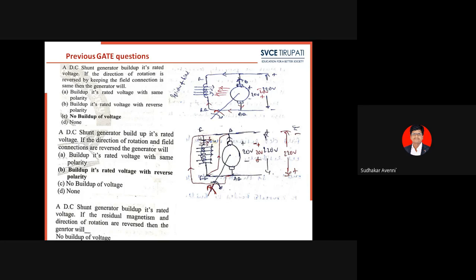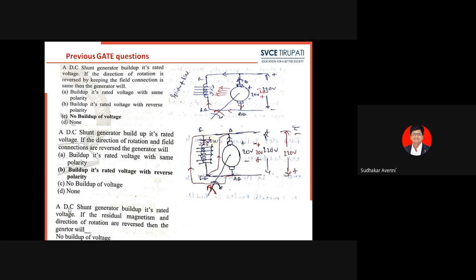So this flux is going to be added to the residual flux, and the net flux is going to increase. There must be buildup of voltage across its armature terminals in reverse polarity. For that reason, B is the right option: build up its rated voltage with reverse polarity.